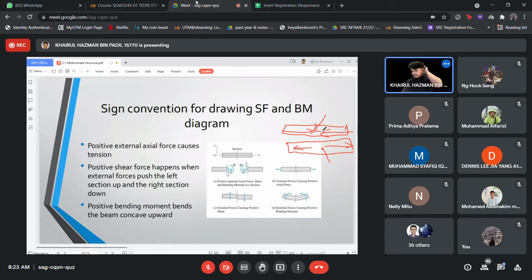Positive shear force happens when external forces push the left section up and the right section down. So this is just a matter of understanding how structures work. Positive bending moment bends the beam concave outward. If there is a moment and a positive axial force, it will cause the structure to bend. So this is basically one of the concepts for deflection.